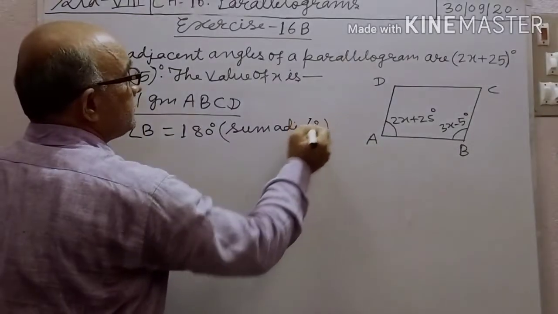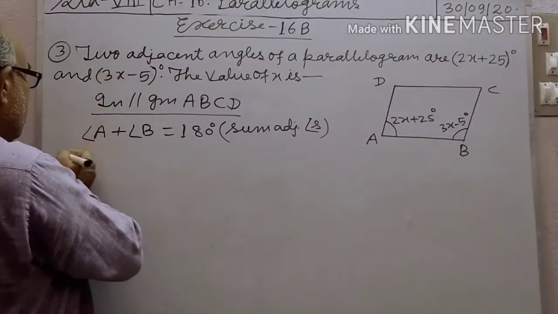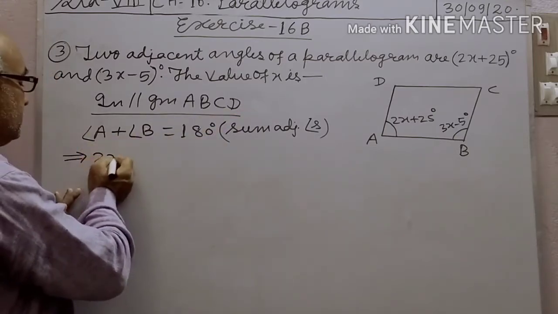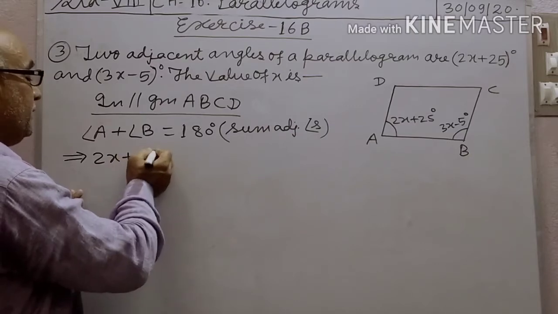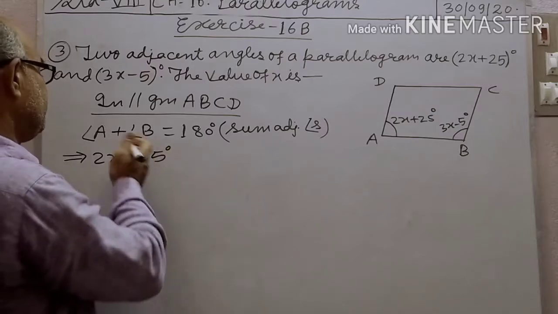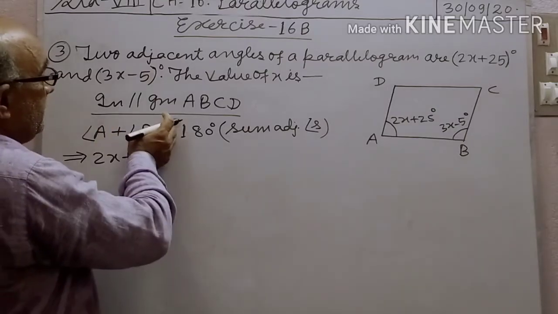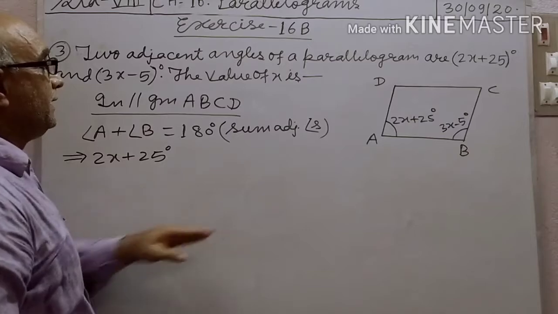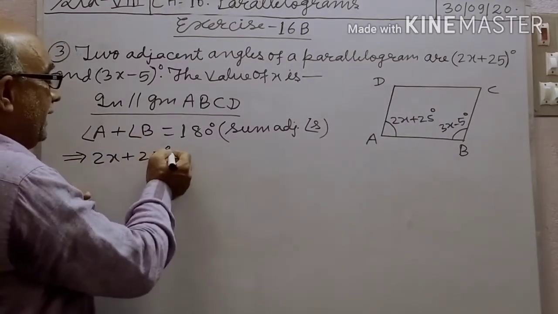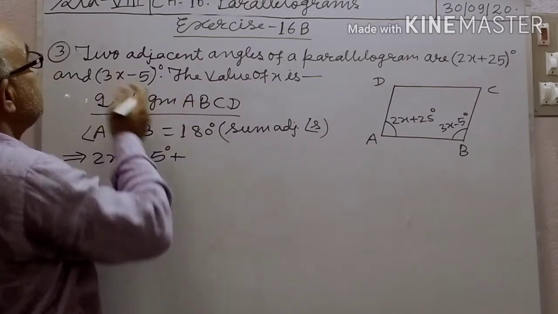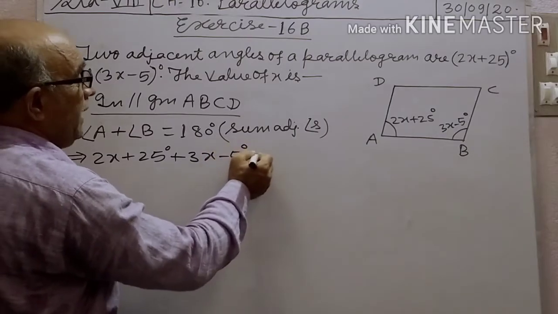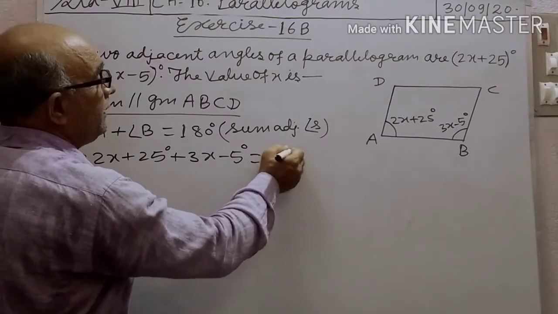That implies angle A is 2x plus 25 degree, angle B is 3x minus 5 degree, so 2x plus 25 degree plus 3x minus 5 degree equal to 180 degree.